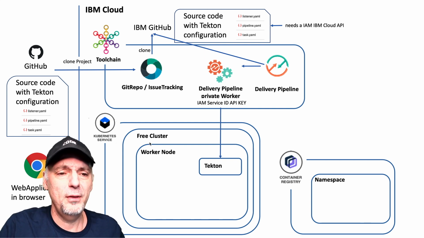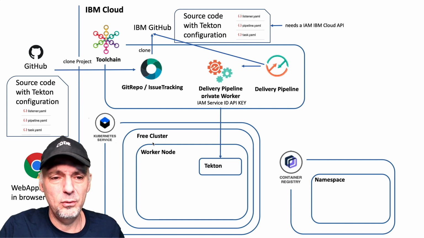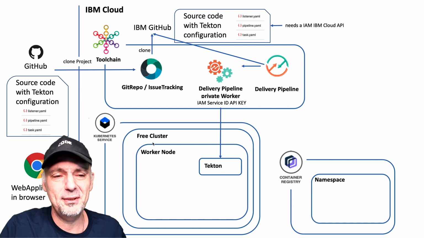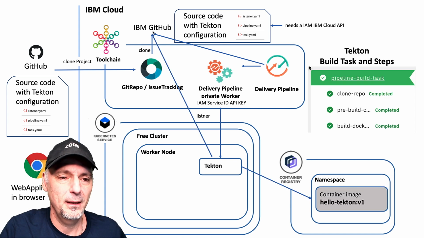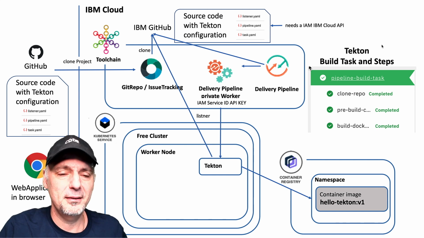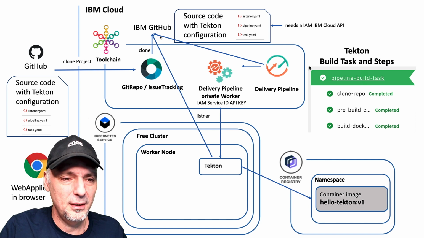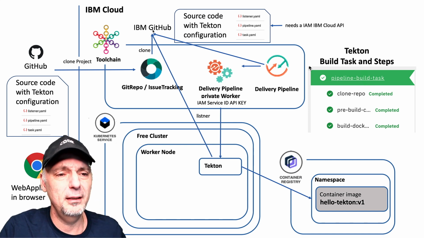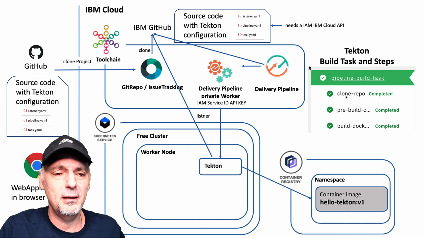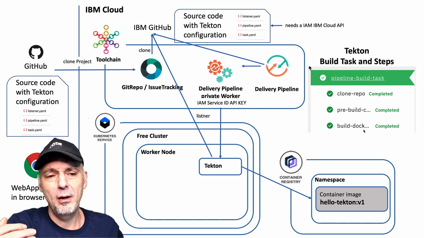So with that, we are ready to get a trigger from the GitHub project that somebody changed the source code. And with that, it starts the build task, for example, here. So the trigger happened here, Tekton knows with the listener that somebody has changed the source code in the GitHub project. And with the configuration inside our steps, we know how to work with that.